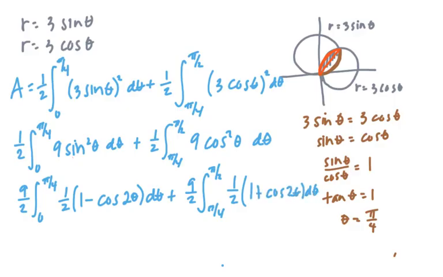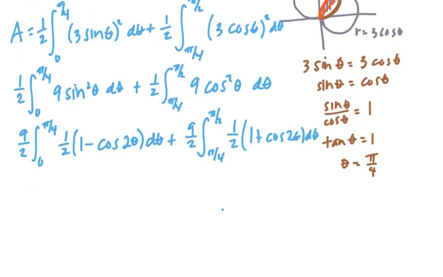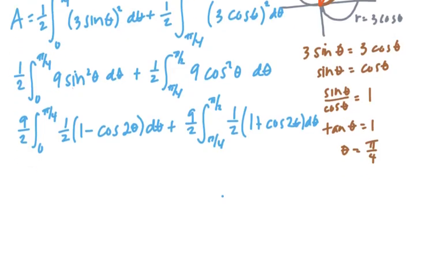Now these are both u sub, and notice they're the same u. So let's take a moment before we get into u sub, because not all of them are, and let's distribute the 9/2, the 1/2, and let's just break it into 4 integrals. So I have 9/2 right here times 1/2, and I'm going to distribute it through the parentheses on both sides and split them into 4 integrals so we can better see what we're doing.